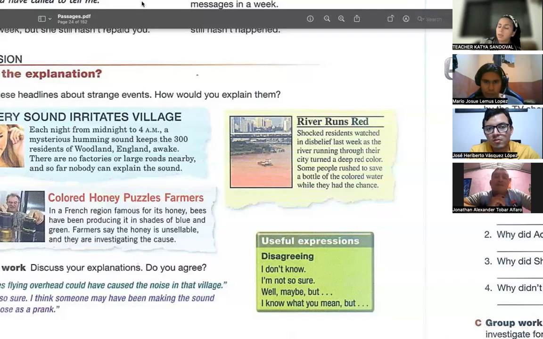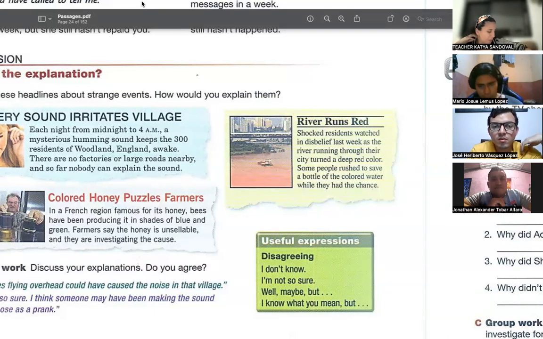It could be the beach, when the beach is red. Sometimes the beach is red. I don't know, but what happened in this moment with the beach? Yes, I know there is one in Colombia. I don't remember its name, but the water is red at the beach.